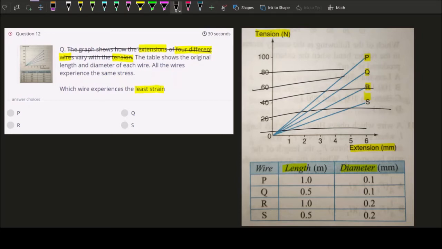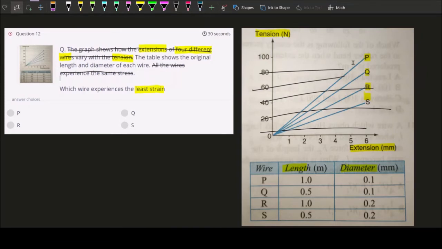Then I would also like to cross out this sentence: all the wires are experiencing the same stress. The sentence itself is a bit weird, because they show you a graph where the tension is increasing, then tell you they all experience the same stress. If the tension increases, then the stress will increase.